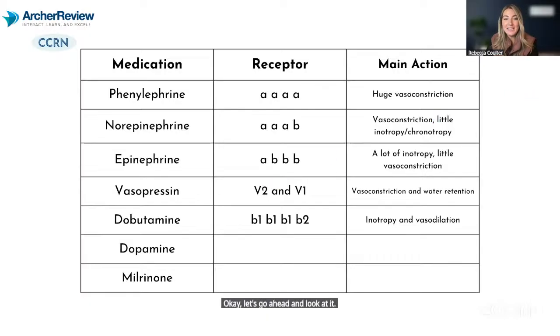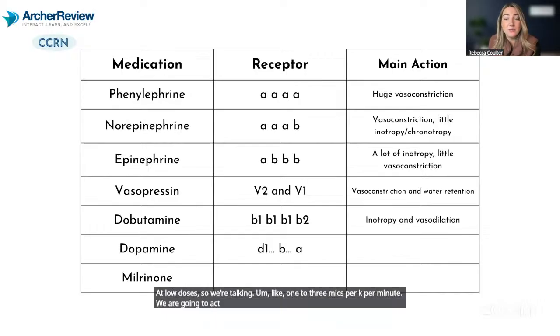So dopamine is very dose dependent, right? It depends on what dose we're on. That really guides its action. So I have this spelled out here. At low doses, so we're talking 1 to 3 mics per kg per minute, we are going to act on dopamine receptors.